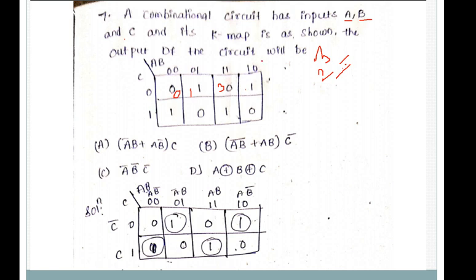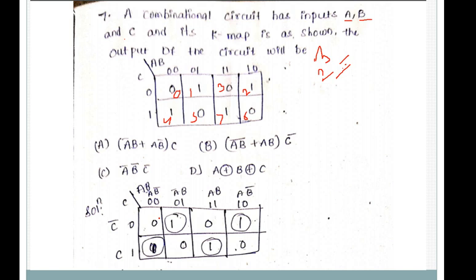And here 0 1 0 is 2. Similarly, 1 0 0 is 4, 1 0 1 is 5, 1 1 1 is 7, and last comes 6. So here we need to find out the output expression for this one.